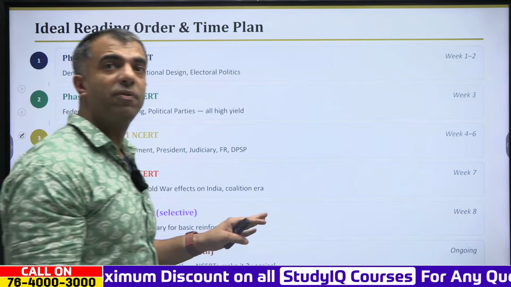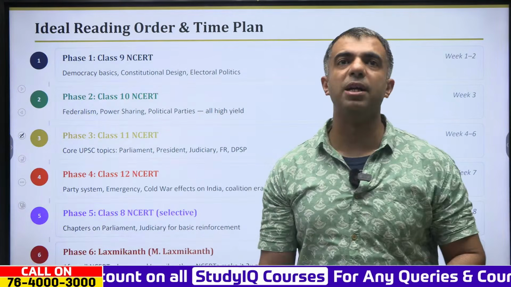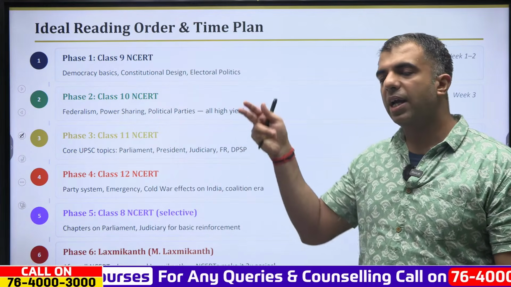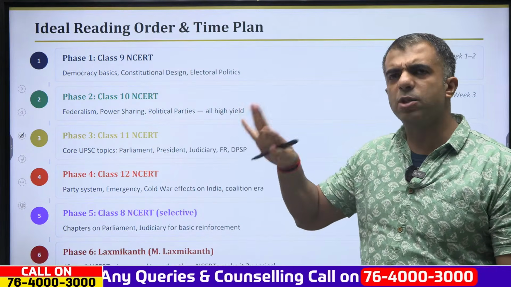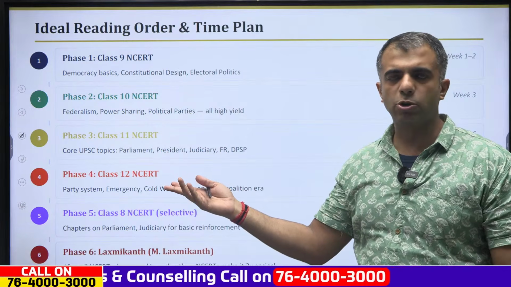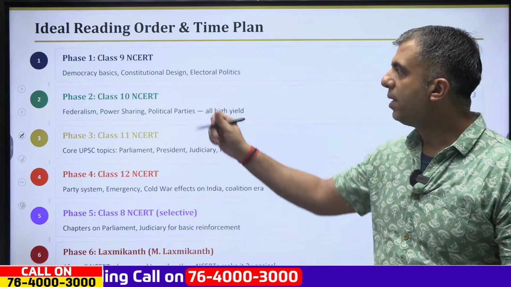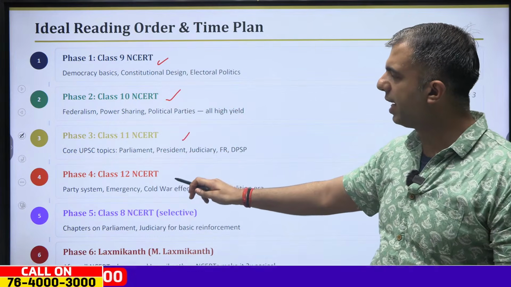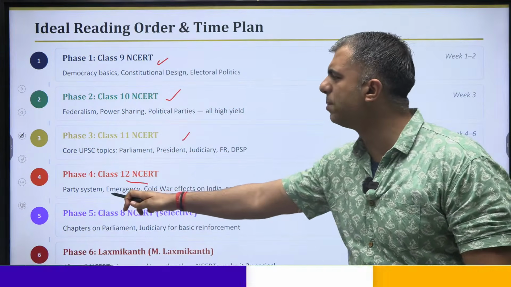Next, what is the ideal reading plan? This is the biggest question that comes up in the minds of students, and this is the reason I have told you how to cover polity and which books to exclude or skip. Clear? So, start with the class 9th NCERT, then class 10th, 11th NCERT, class 12th NCERT, only some specific topics.